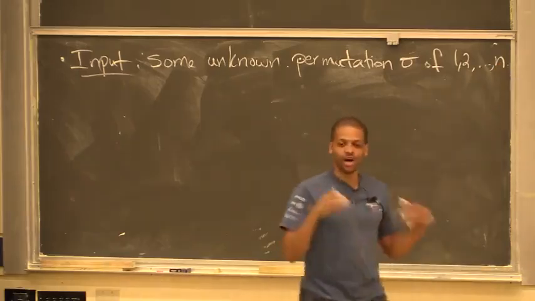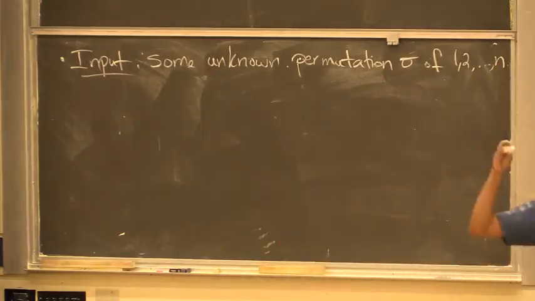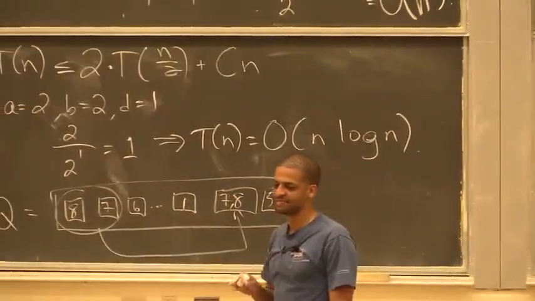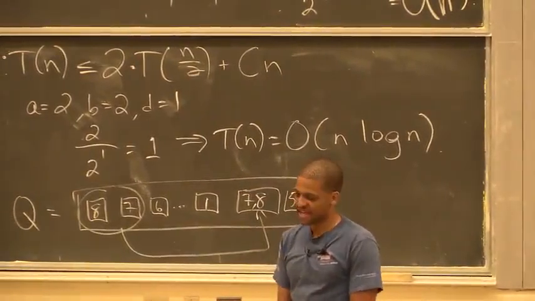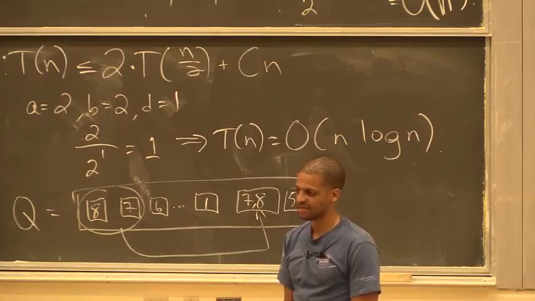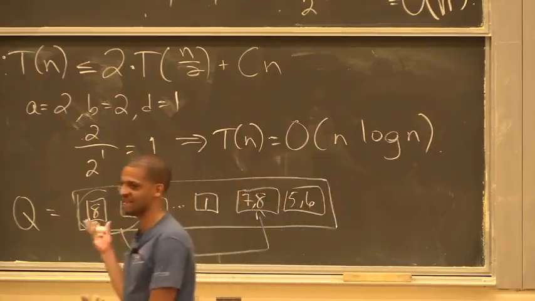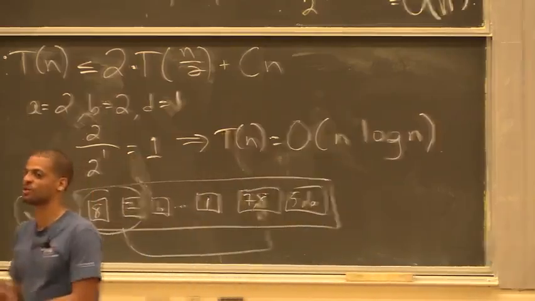Even if the algorithm knows that the input is some permutation of 1 up to n, if all it's allowed to do is compare the entries, it still can't beat n log n. So I'm giving the algorithm more power. It knows that the input looks like this, but it doesn't know which permutation.